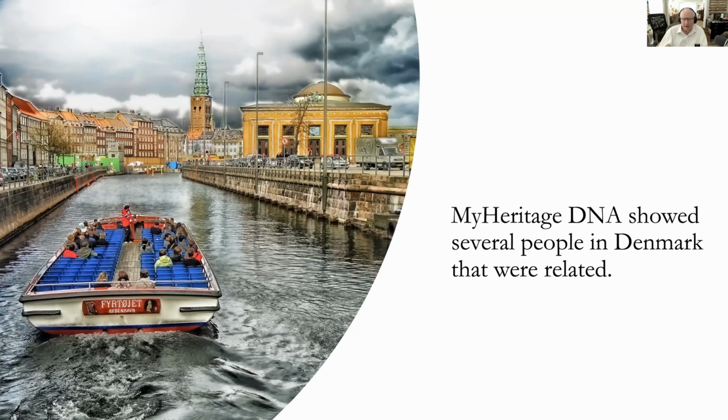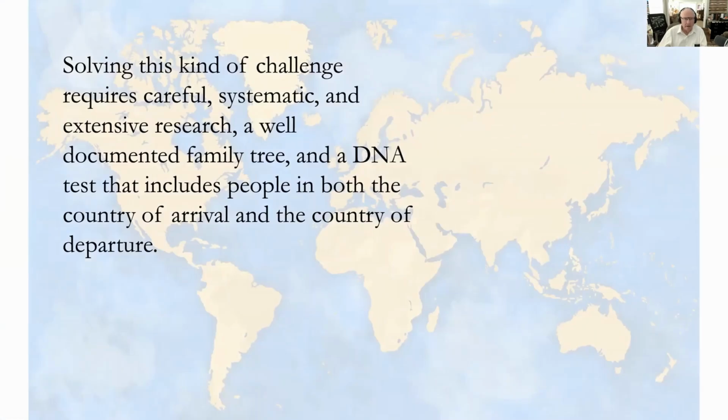This is the process you would go through. One of the things we did not have to do was find somebody to take the test. That had already been done, because somebody had been found by MyHeritage who had already taken the test and provided the necessary information. That's one of the advantages of having your test done with a very large company.